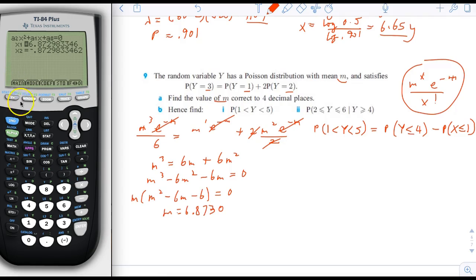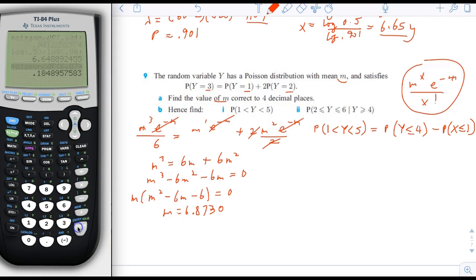And then I'm just going to use a calculator. I'm going to use the Poisson CDF function, and I'm going to put 6.873 as our lambda or m, and I'm going to put 4 first, and that gives us that.